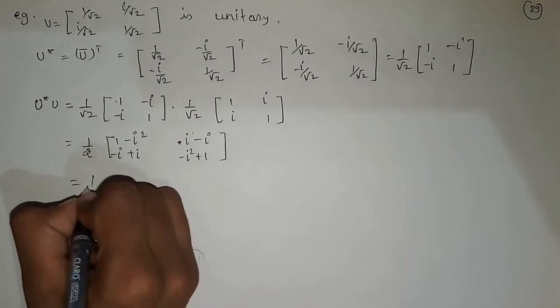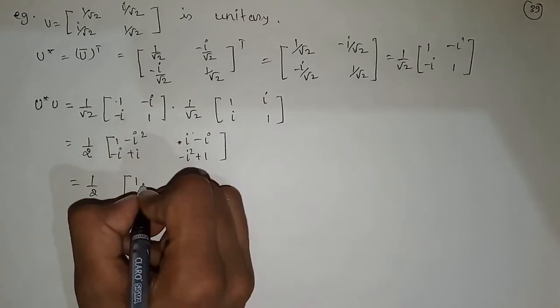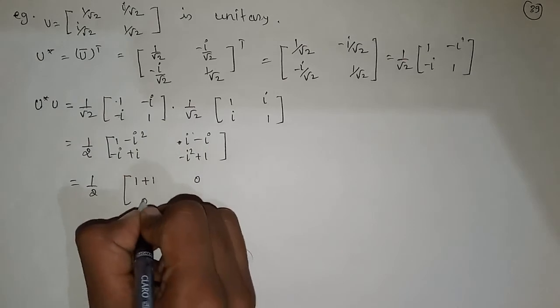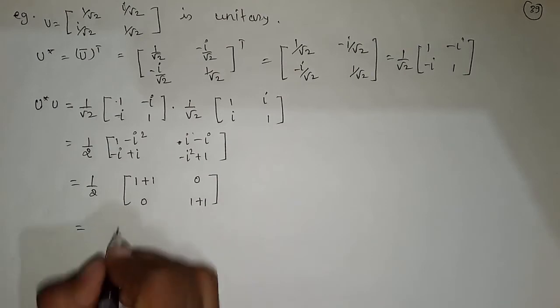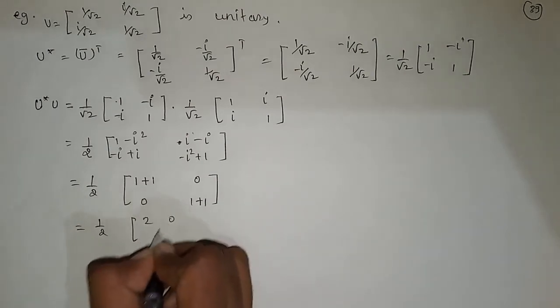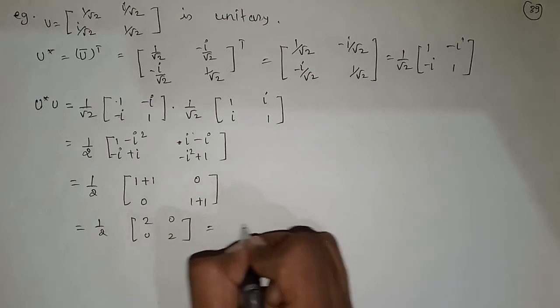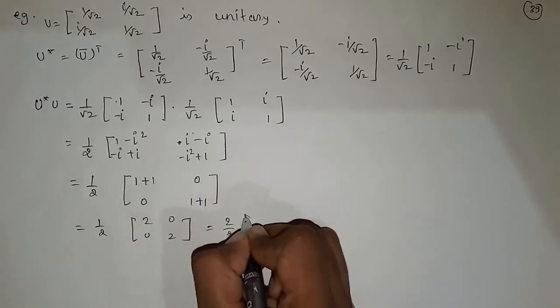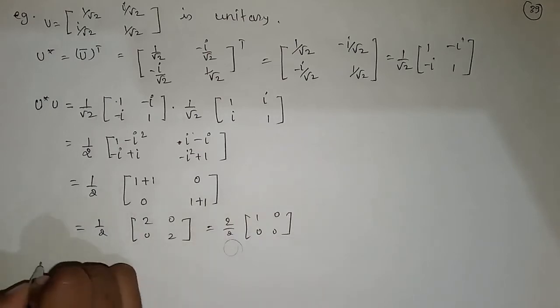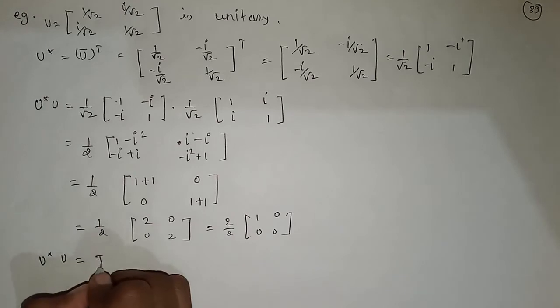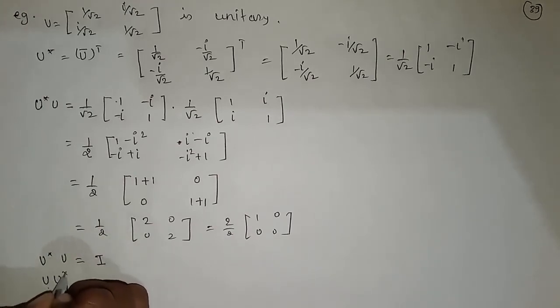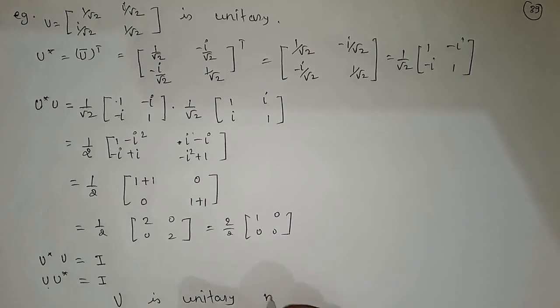So this becomes 1 by 2, 1, i square is minus 1, so minus minus plus 1. This is 0, this is 0, and this is also plus 1 and plus 1. So we are getting this as 1 by 2, 2 0 0 2. Therefore if we take 2 outside, then 2 by 2 get cancelled. This is 1 0 0 1. So we are getting U star U is equal to identity matrix, or if we take U U star, then also we will get identity matrix. So we can say that U is unitary matrix.